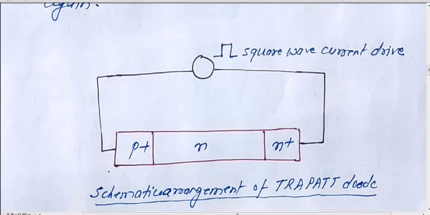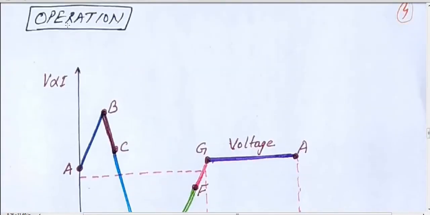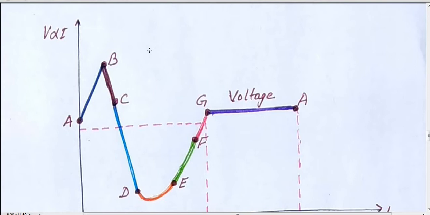Now let us discuss all these things, the basic concepts of operation of a TRAPATT diode, in detail. Now let us see the operation of a TRAPATT diode. A high field avalanche zone propagates through the diode and fills the depletion region with a dense plasma of electrons and holes that become trapped in the low field region behind this zone.